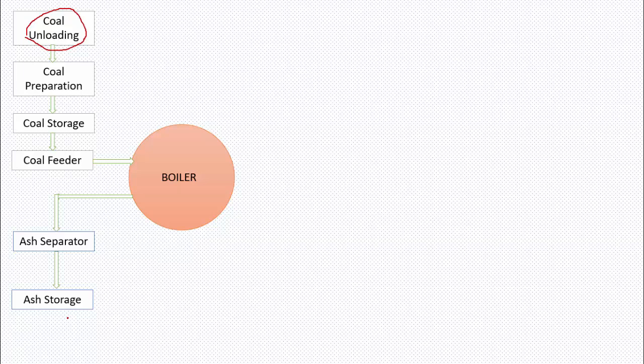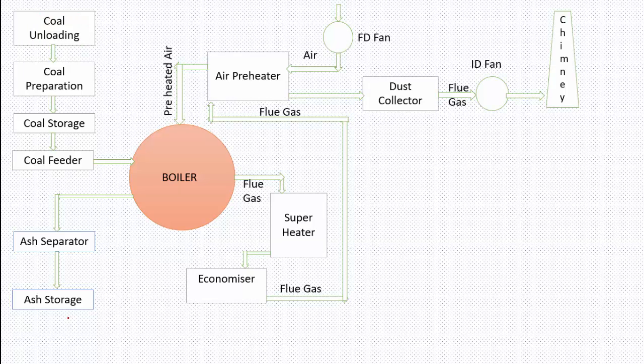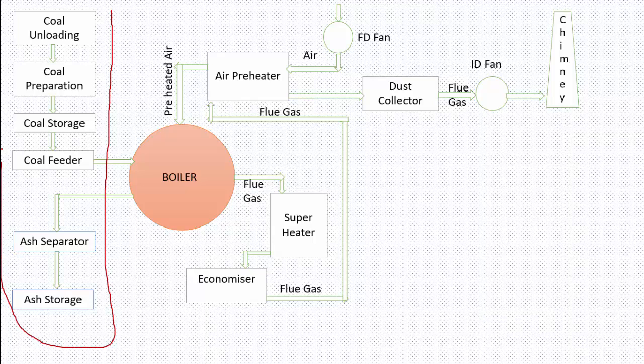The next circuit is the air circuit, air and flue gas circuit. You just observe this circuit. This circuit will be the coal and ash circuit, and the remaining things are the air and flue gas circuit. So first thing, the preheated air is supplied into the boiler.